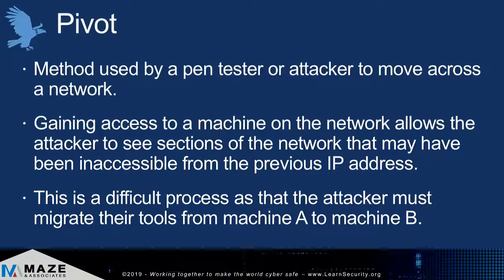Right, and sometimes with pivoting, they will go to a low security, low priority system, because that might be the stepping stone to get to other higher priority systems. So they can do that as well. A good example is the IoT thermal device that was used to exfiltrate a copy of a database, right?